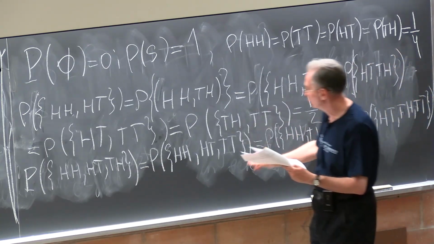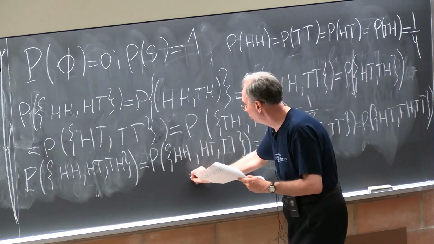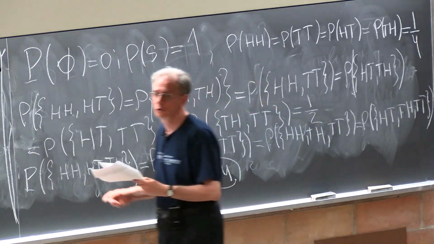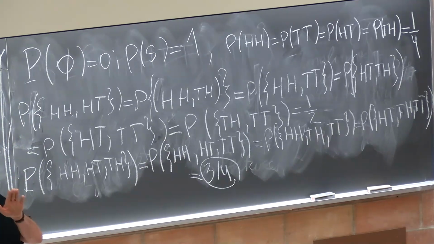So, and all these four probabilities should be equal to 3/4 each. So it's not that hard. So it's not rocket science.